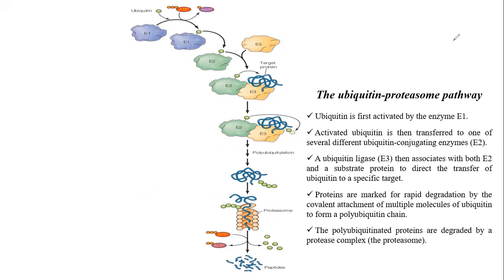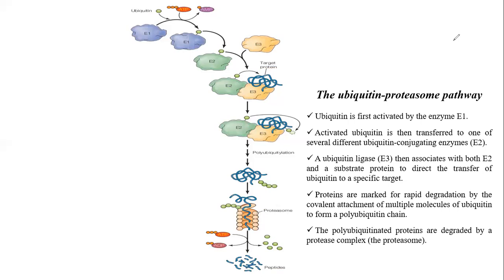E2 passes on the ubiquitin to the target protein, which is present in the E3. Then this cycle continues again and again, and the target protein has a lot of ubiquitin molecules with it. Then it goes to the proteasome. It is degraded with the help of ATP. It is degraded into peptides.